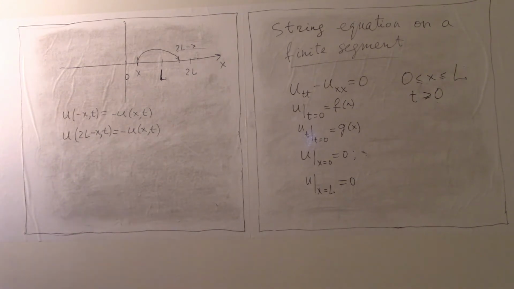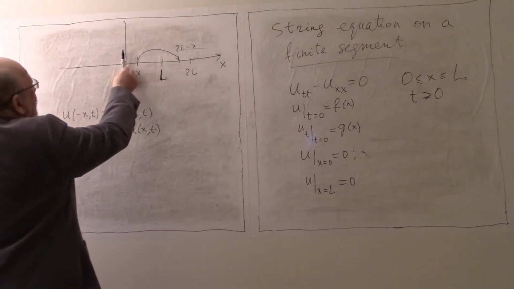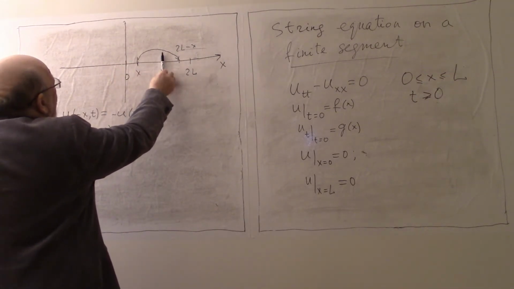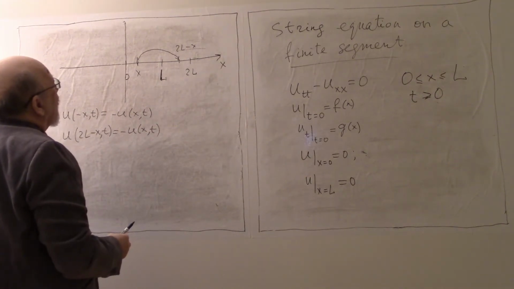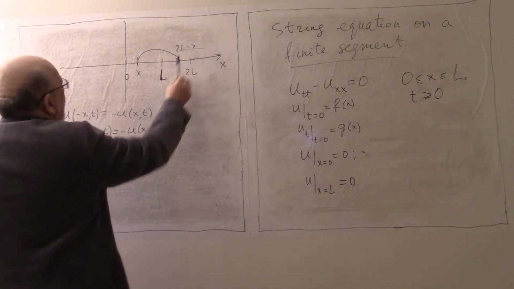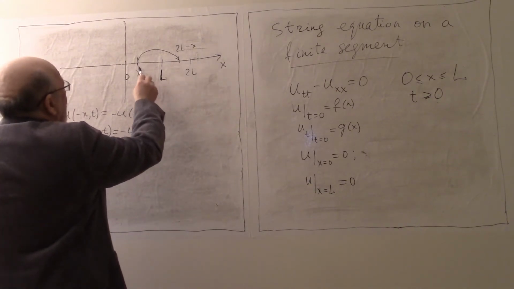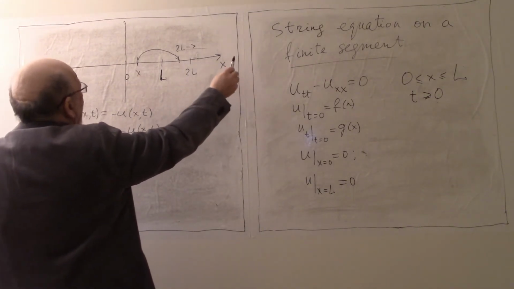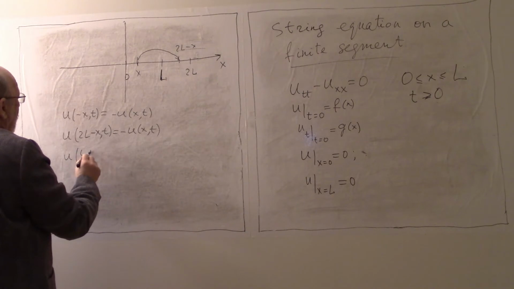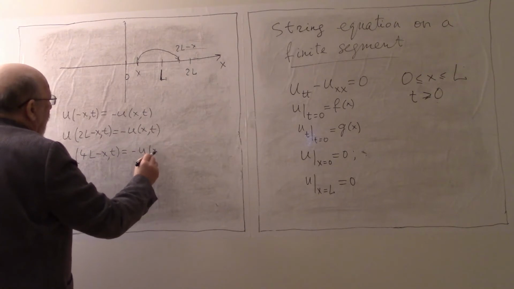What else? In fact, it is enough, because if you can reflect it relative to the point 0 and relative to the point L, then if you reflect it relative to the point 2L, how we have point x, and here is 4L minus x, u of 4L minus x, t equals minus u of x, t.